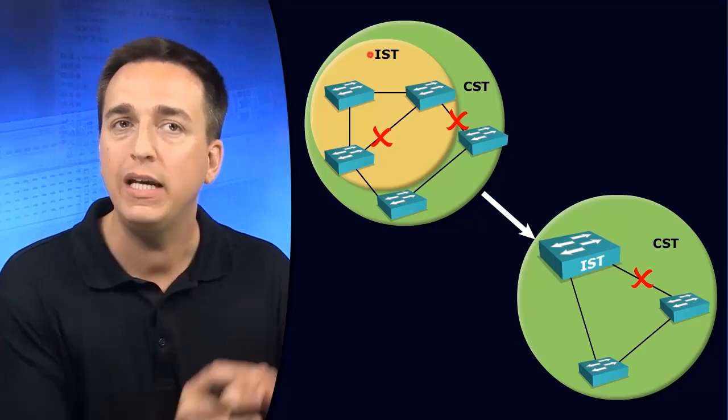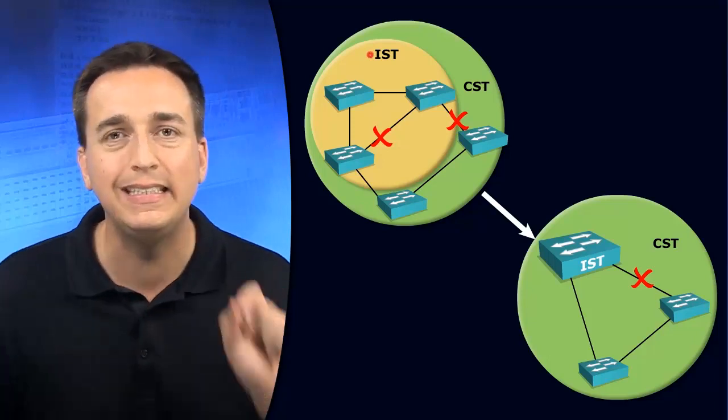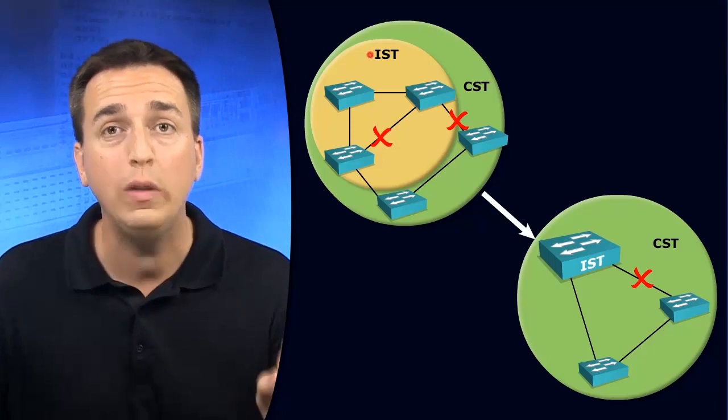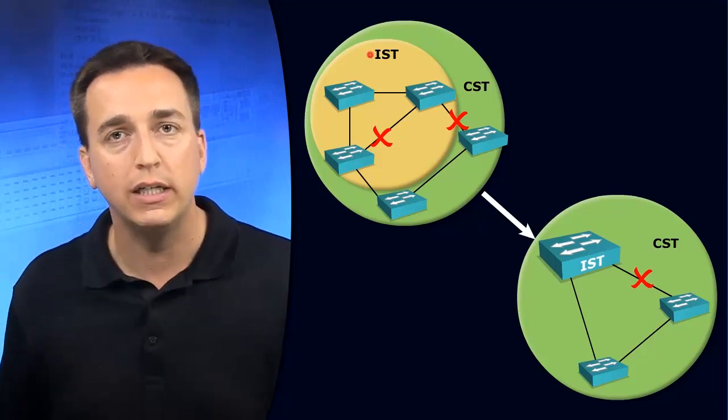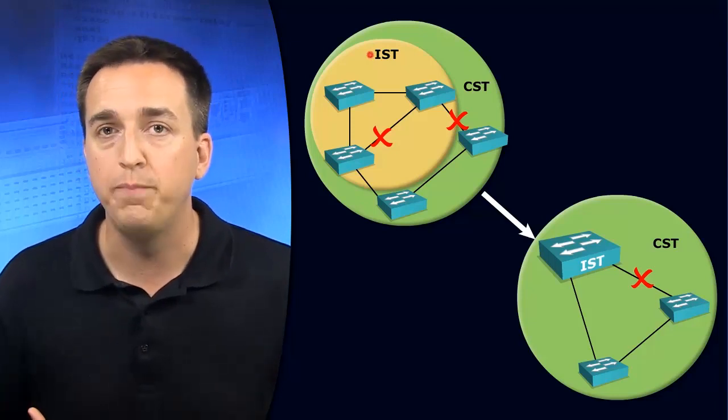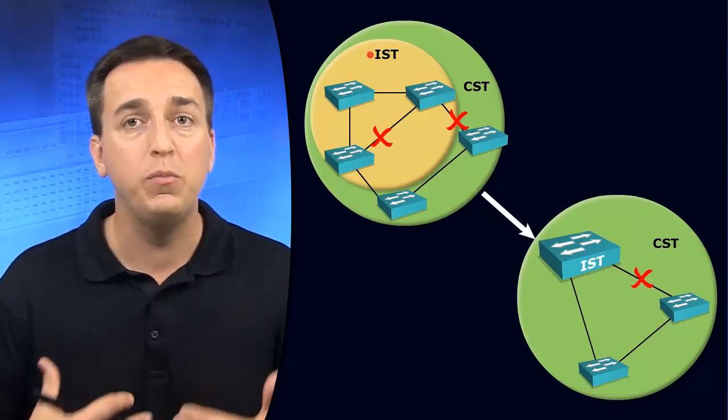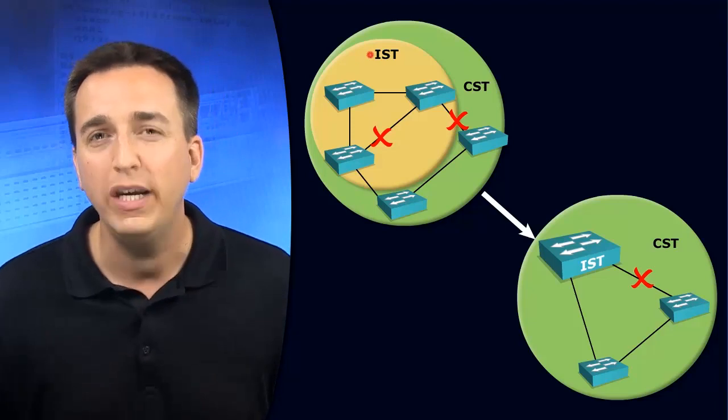So what is happening here? Well, we have the IST, instance 0. Now, it's important to realize that it's only instance 0 that's able to communicate with those switches that are not running MST. It's also only instance 0 that can communicate with other MST regions.